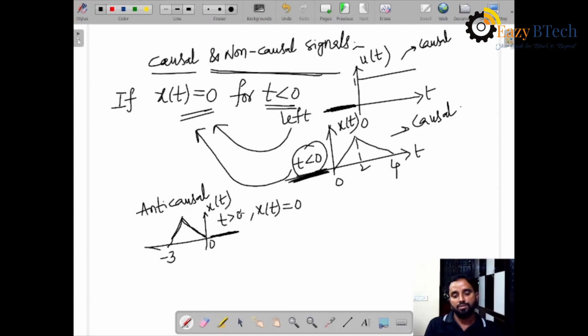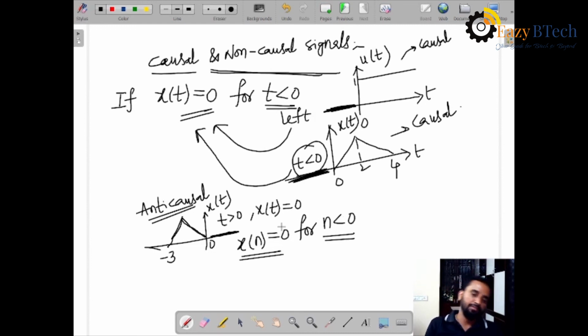Right side there is no signal, only completely left side. That is anti-causal. Similarly, if you take the discrete time signal, the same definition: x of n is 0 for n less than 0, then it will become causal. Okay, for discrete time signal.